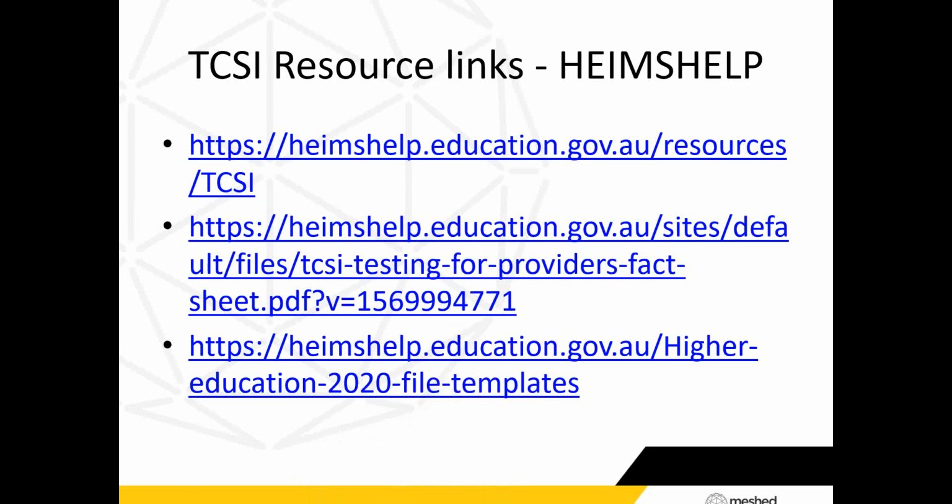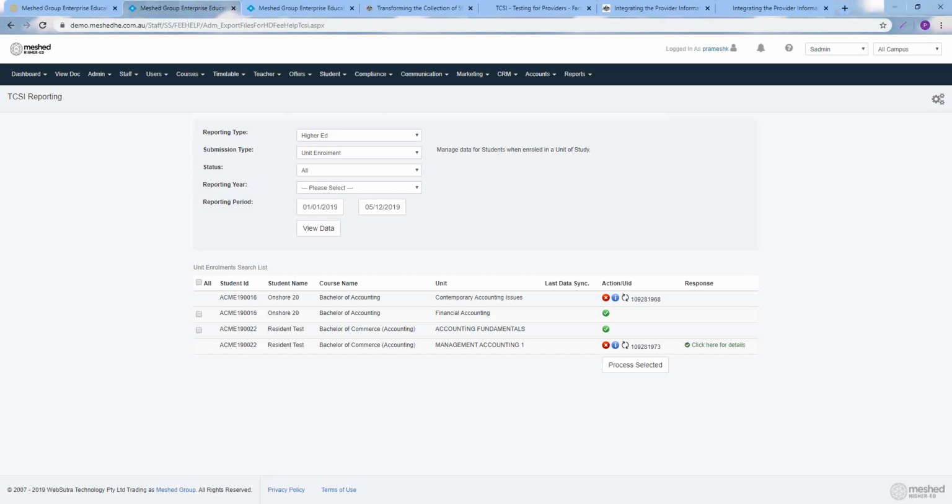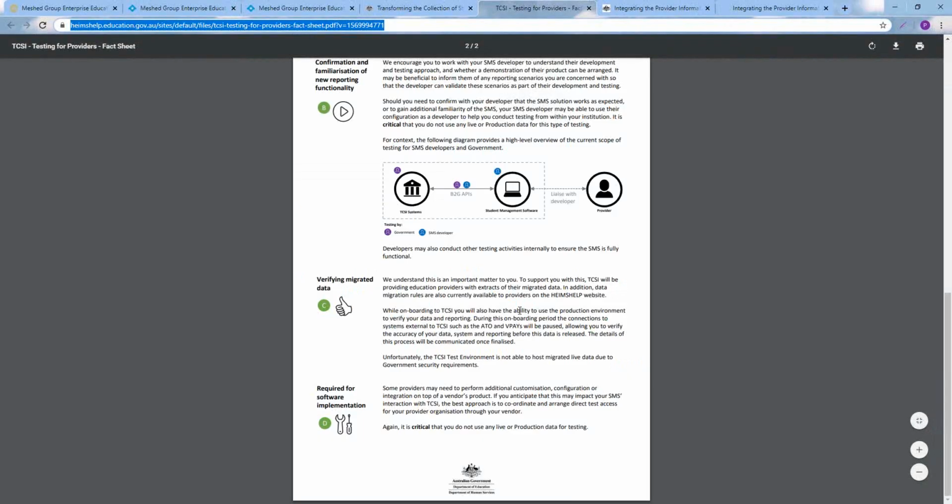But there are some TCSI resource links on the HIMSS help site. We would recommend you start looking into it and be prepared much earlier, so that you would have enough time for testing. One of the things that I mentioned is the testing process.